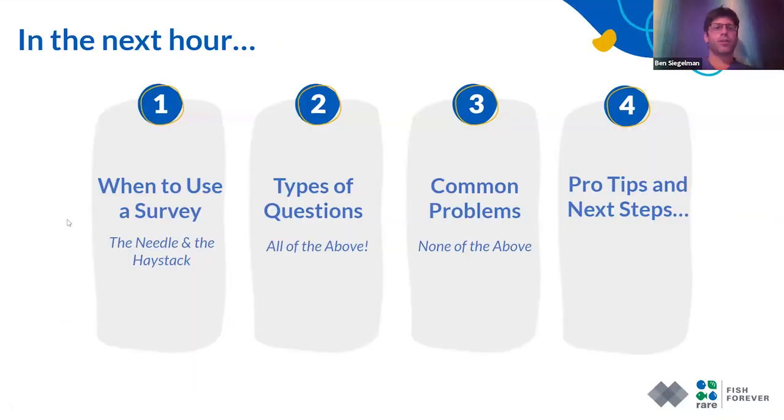First, we're going to talk through how surveys work and when to use them. We're then going to talk about what types of questions we can use in a survey. And then we'll talk through some common problems and mistakes that people make in survey design.